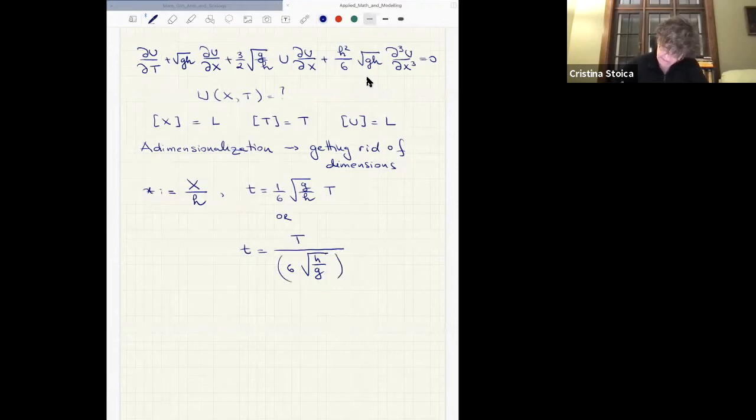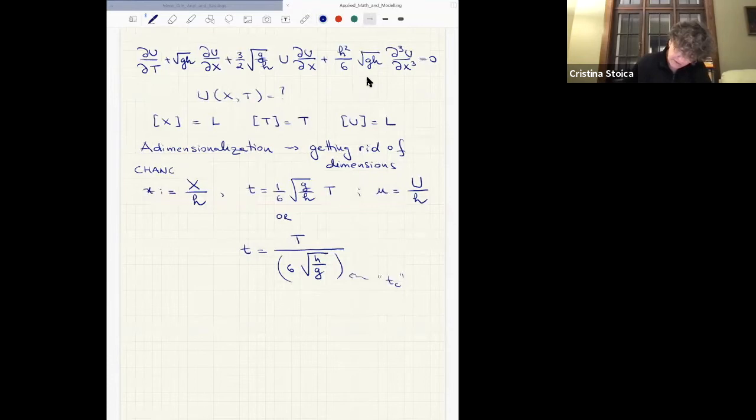This will be like the characteristic time from the previous lecture. And finally, the little u will be the new adimensional elevation, that is capital U over h again. So basically, these things are nothing else but changes of variables.